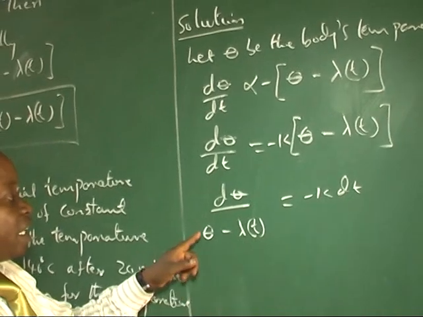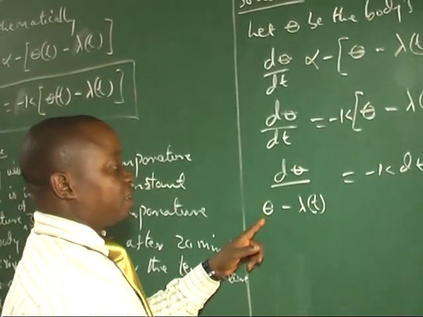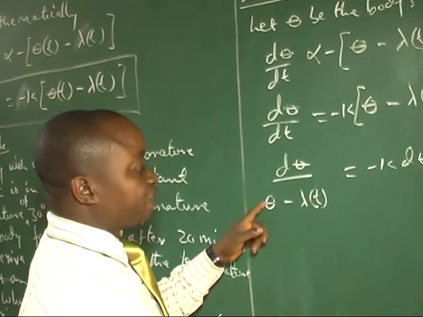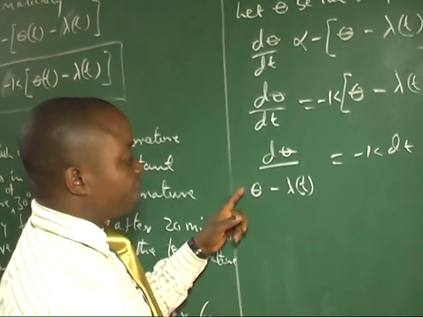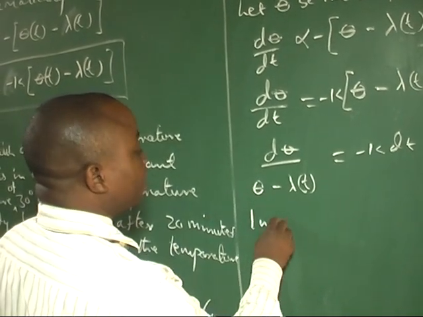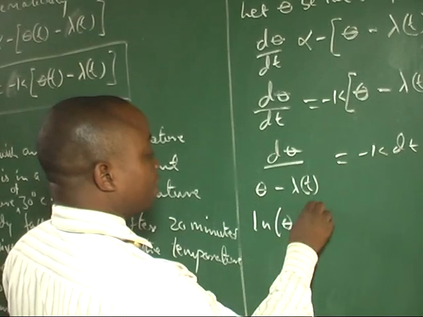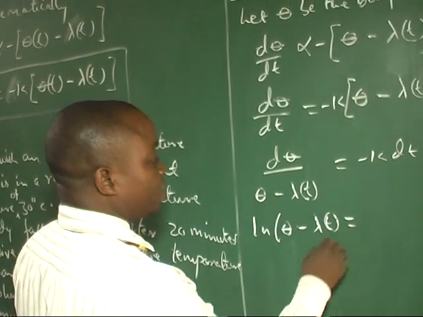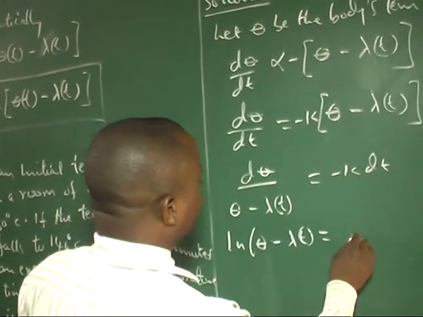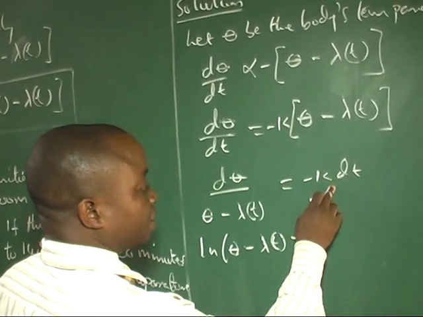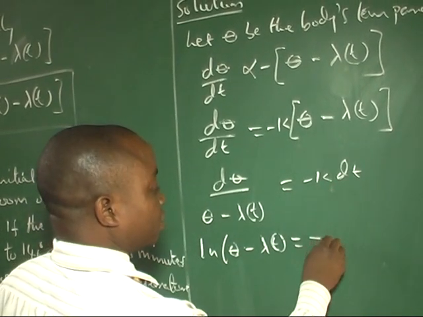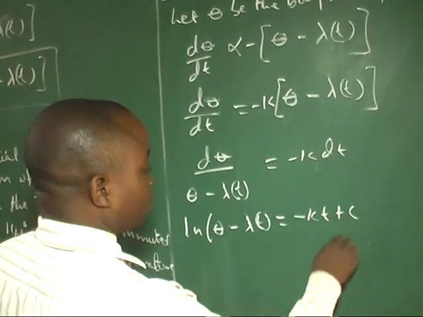So we see that at this point, by integration, definitely what I have is ln theta minus lambda of t, which is equal, look at this, minus kt plus c.